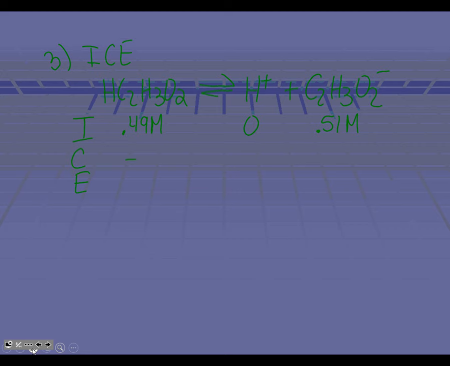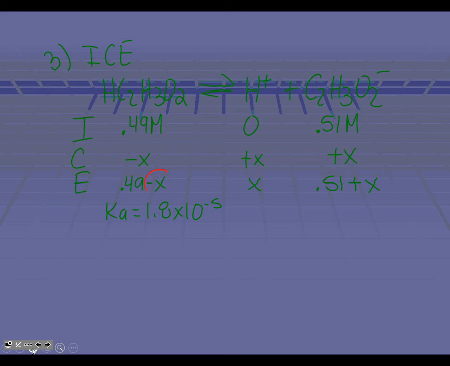Same as before, minus X, plus X, plus X: 0.49 minus X, X, 0.51 plus X. Same small k as before, that 1.8 times 10 to the negative fifth.